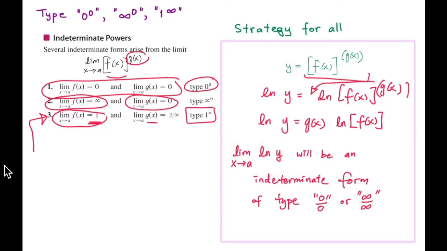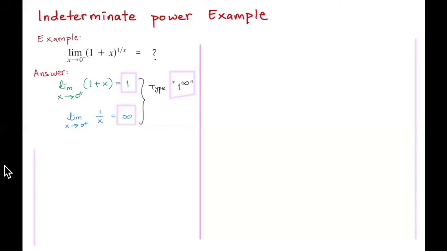So let's do an example. So here I have this function to this function, and I want to know the limit. And I try to compute this directly without using L'Hopital's rule, but I see that the limit of 1 plus x as x approaches 0 is just 1. Just plug in the 0 to x. And the limit of 1 over x as x approaches 0 is positive infinity.